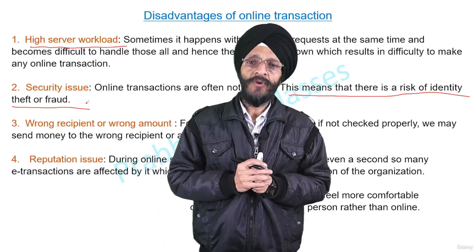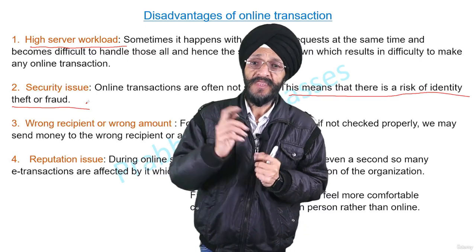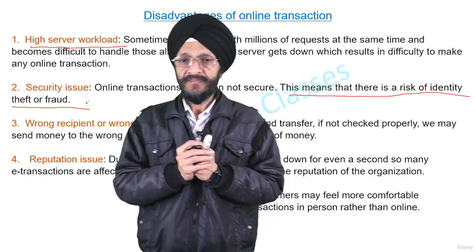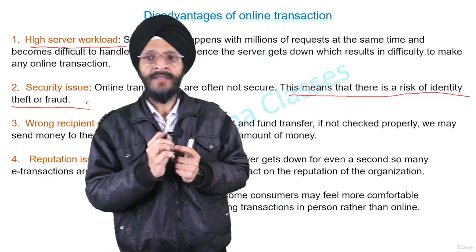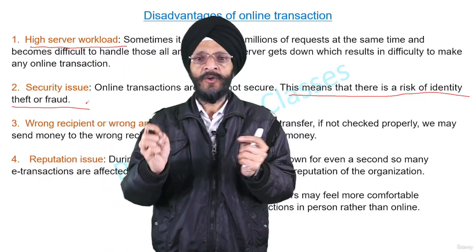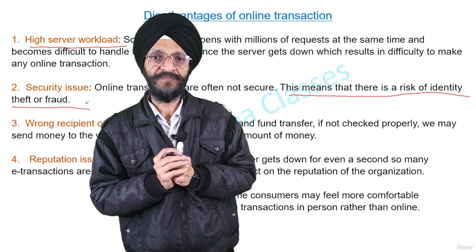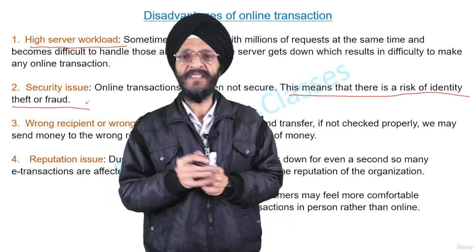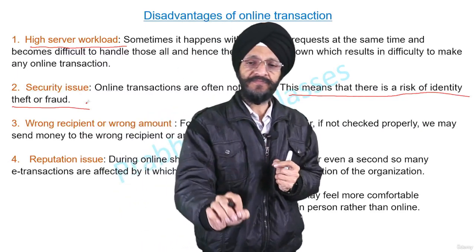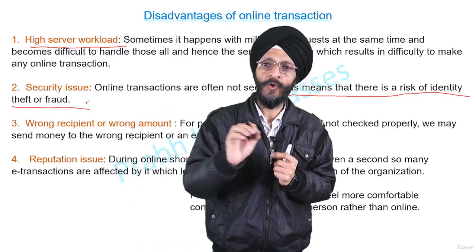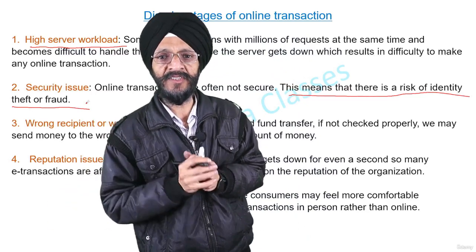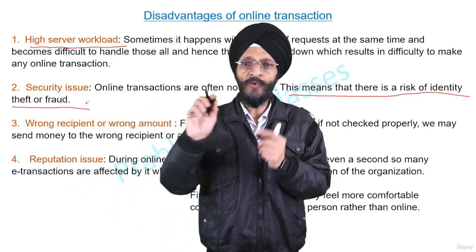Another demerit of online transaction is that sometimes when we make the payment, it is quite possible that if we want to make the payment of say rupees 5,000, while typing the same on our computer keyboard or mobile keyboard, we may put an extra zero, and hurriedly we may click to send the payment.